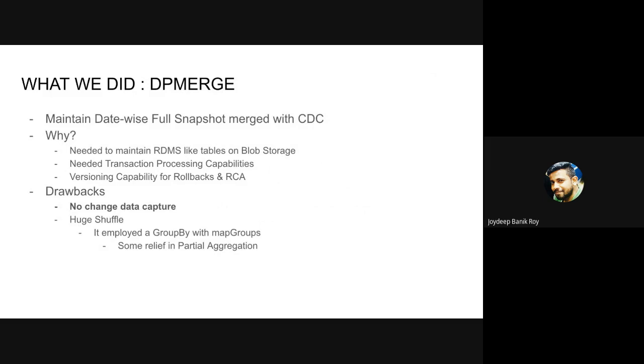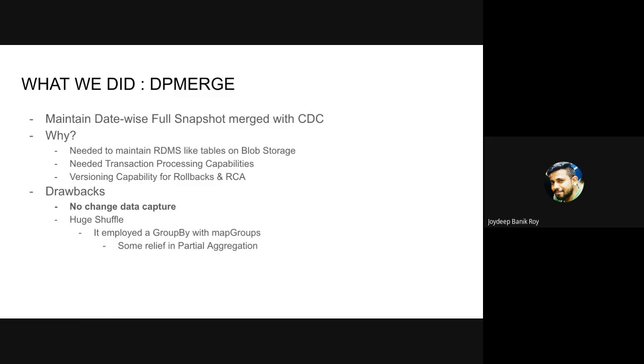All right. So I'll just start with the problem statement, and we'll see why we moved to this lakehouse format or Delta Lake in the first place. We had something, I think this is already known by most of us, DP merge, data partner merge, where we would keep the full snapshot of the data that comes in from third party for each data partner.